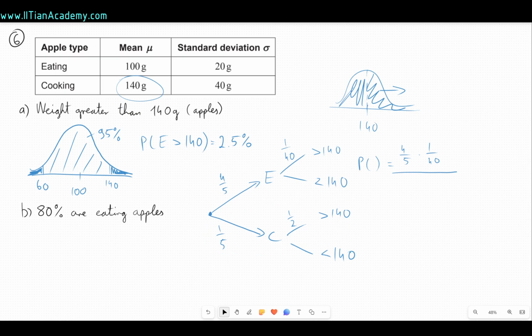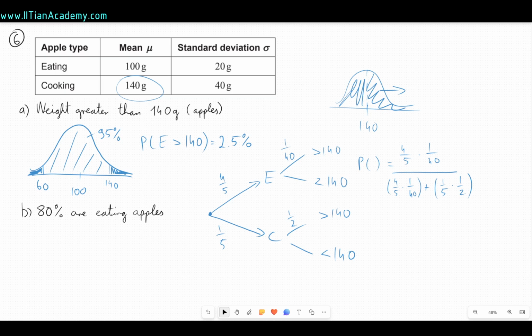So these are the only two cases because the machine has already selected the ones that are above 140. So these are the only two outcomes we can have. So we need to divide this by 4/5 times 1/40 plus 1/5 times 1/2. So that's the total number of cases we can have, or total probability.